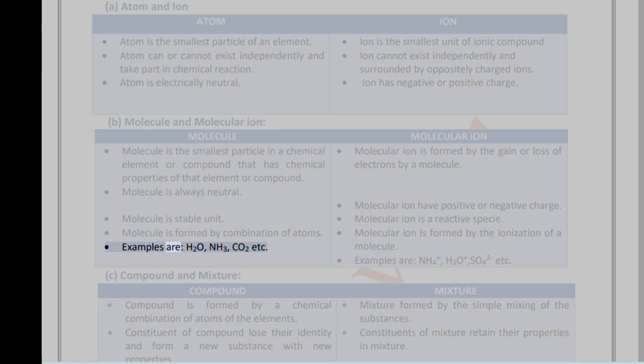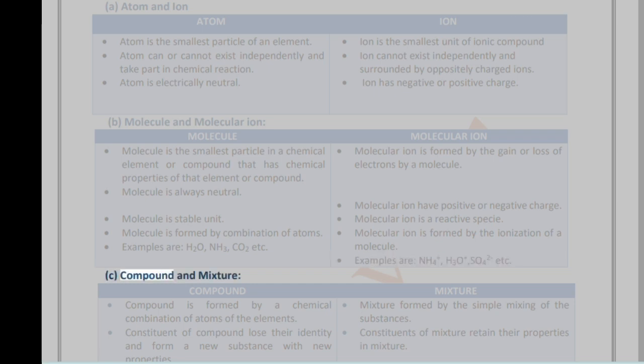Examples are H2O, NH3, CO2, etc. Molecular ion is formed by the gain or loss of electrons by a molecule. Molecular ion has a positive or negative charge. Molecular ion is a reactive species. Molecular ion is formed by the ionization of a molecule. Examples are NH4+, H3O+, SO4 etc.